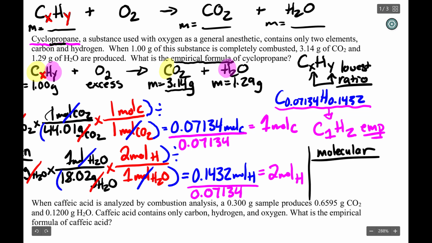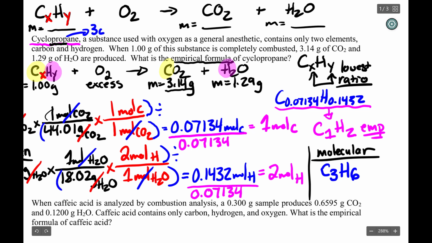Prop, in cyclopropane, stands for 3 carbons. That's what it means in organic chemistry. So I know that this is actually C3, and if the ratio is 1 to 2, then hydrogen here must be double 3, so it's C3H6.